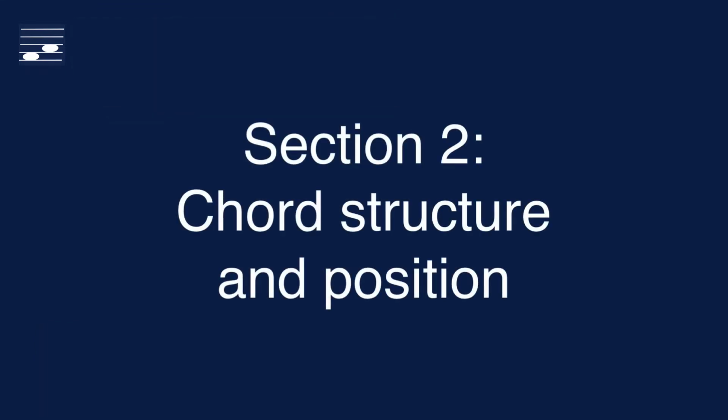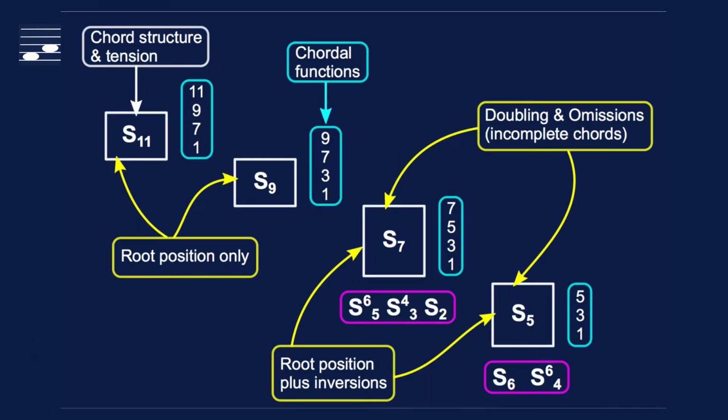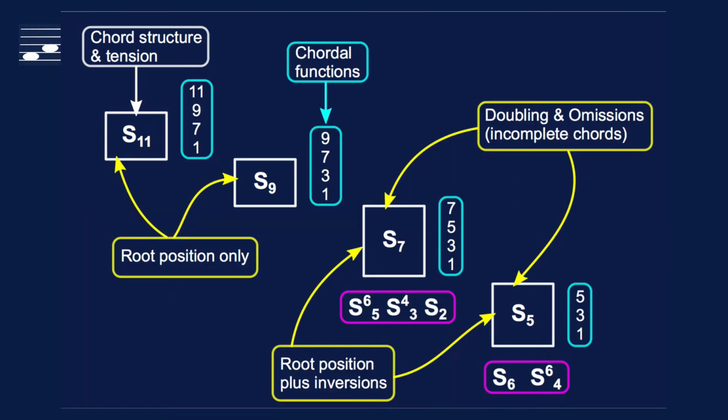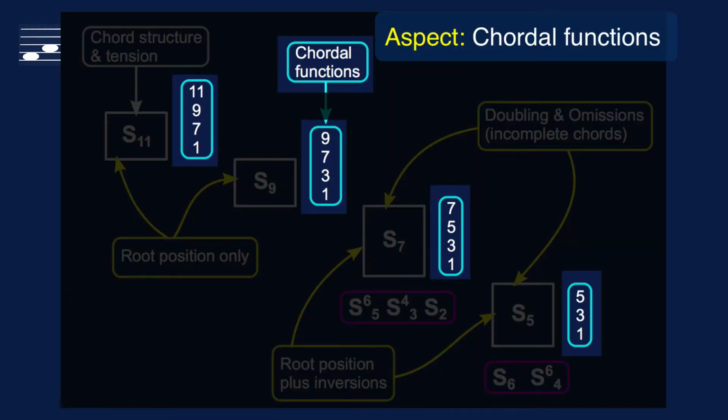Let's start with chord structure and position. I will use a set of diagrams that illustrate the essential aspects. We use the symbol S for chord structure, with a number that indicates the chord tension level. On the right we see the S5, the triad. The others are dissonant chords in diatonic harmony. The chord structure consists of chordal functions.